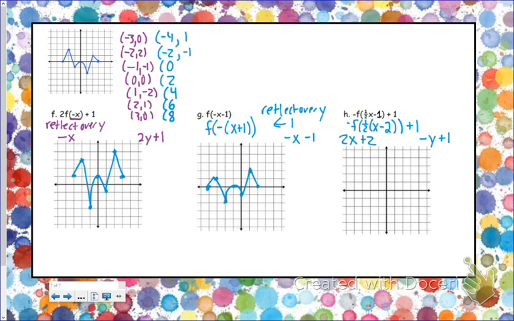Negative 2 plus 1. Positive 1 plus 1. And then just plot our points. Again, we're off the graph a little, but that's okay.